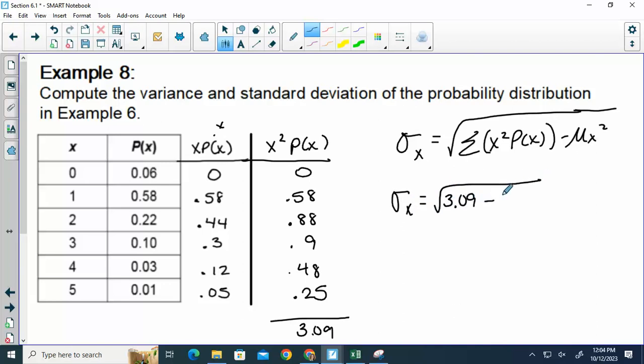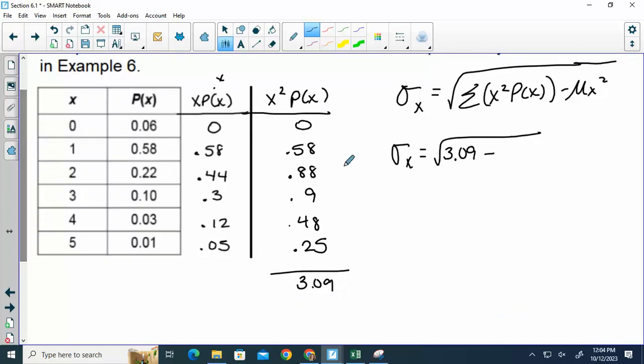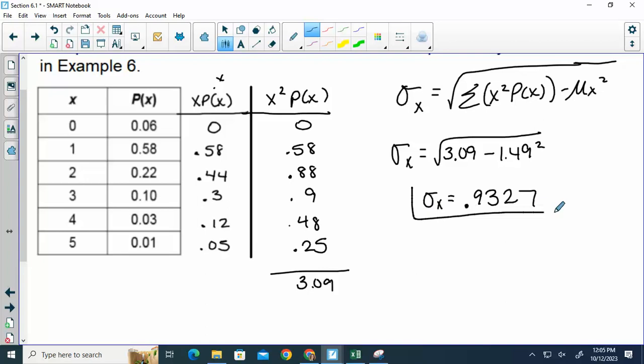From example 5, what was the mean of this? I have the square root of 3.09 minus 1.49 squared. We get 0.9327 for the standard deviation.